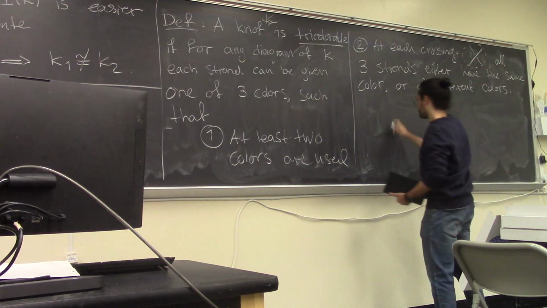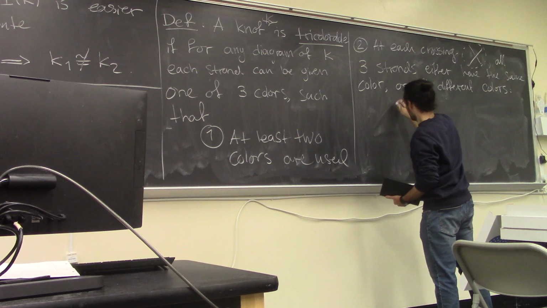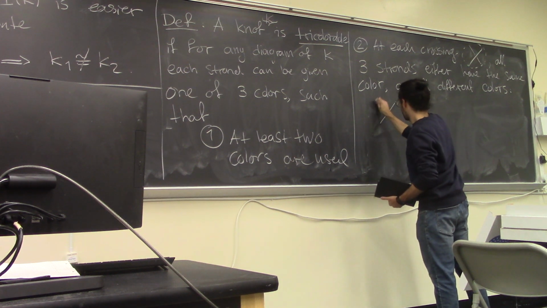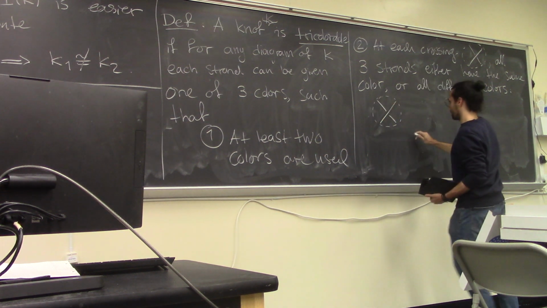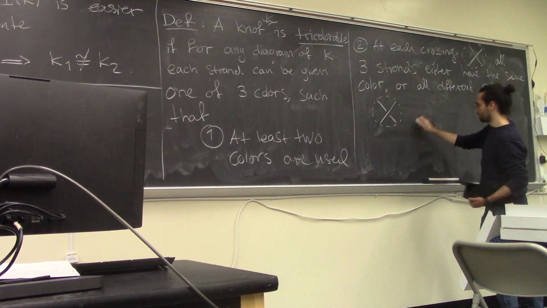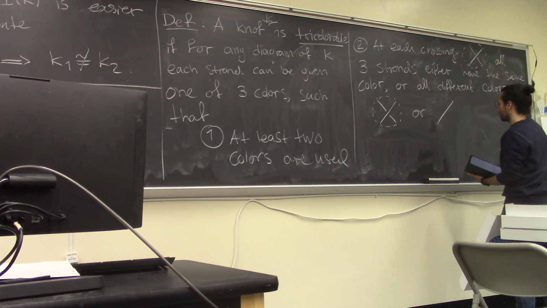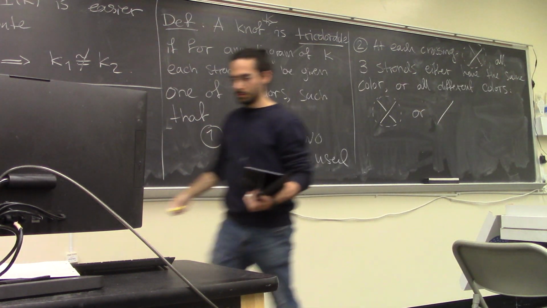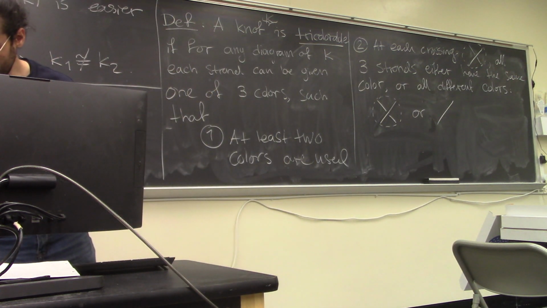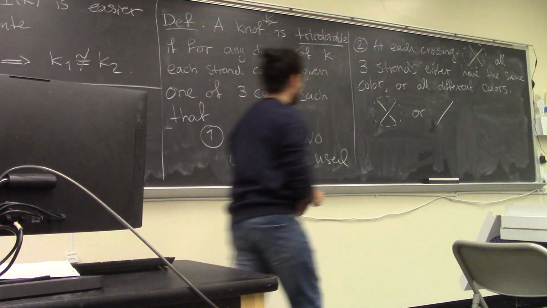So what I mean is, at the crossing it either looks like this or it looks like this. See if I can use red and blue.